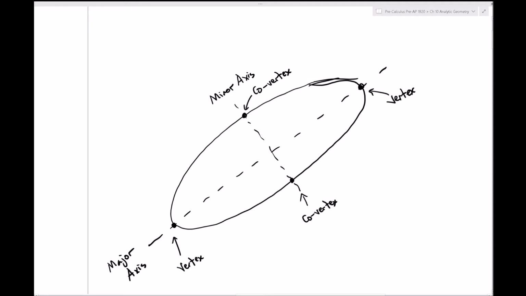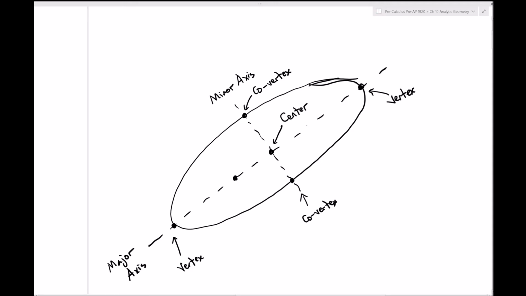So two vertices, two co-vertices, one major axis, that's where the vertices are, one minor axis, that's where the co-vertices are. Also, the intersection point of the two axes is known as the center of the ellipse. So that is the center of the ellipse. Also along the major axis, we have two other points.